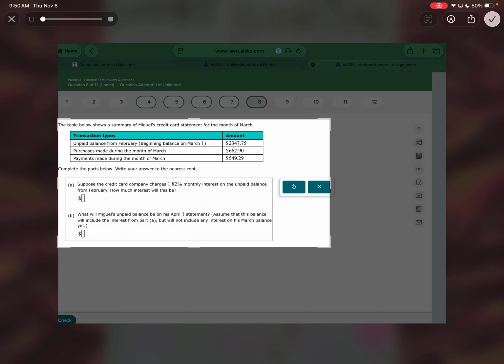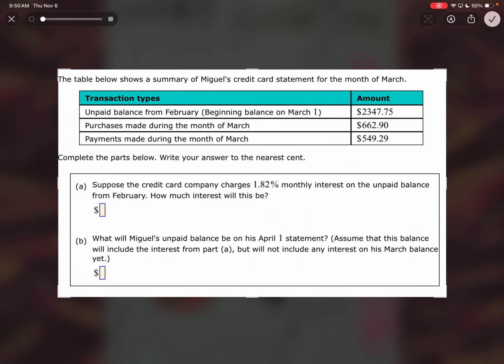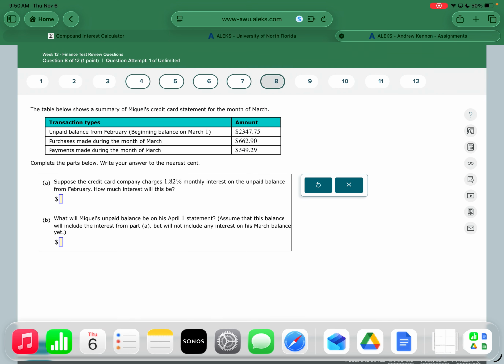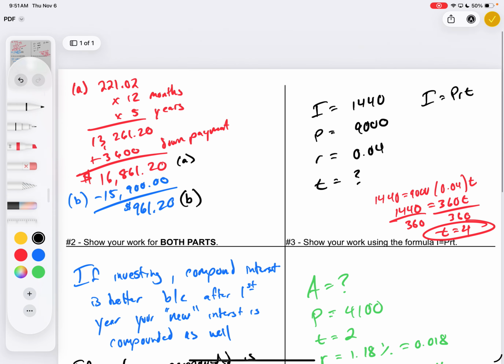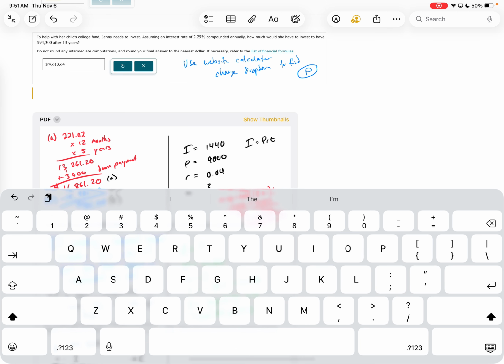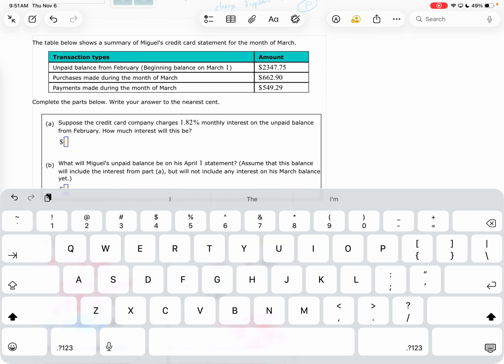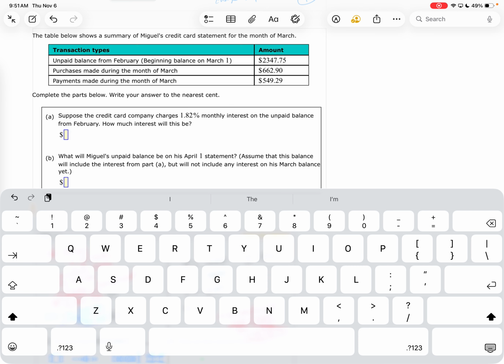All right, let's see if I can, it's a lot easier for you when you have a paper and a computer in front of you. 662.90, 549.29, 1.82. That's purchase.